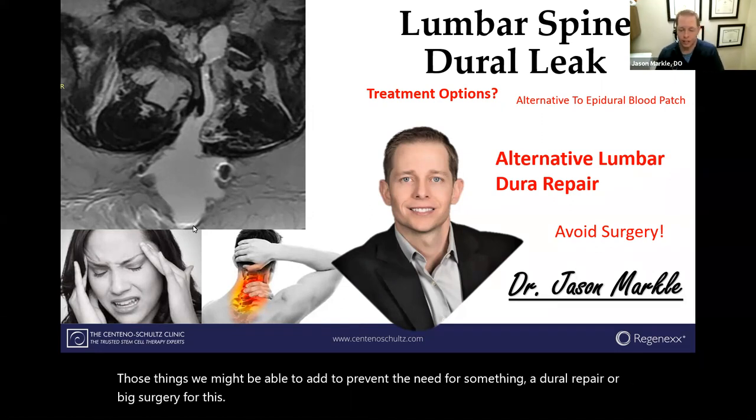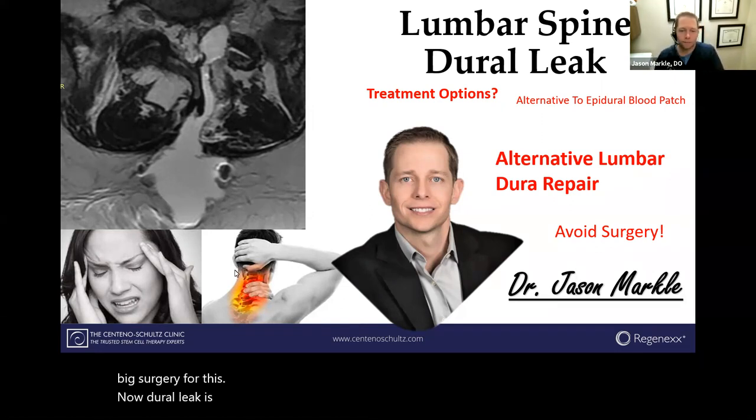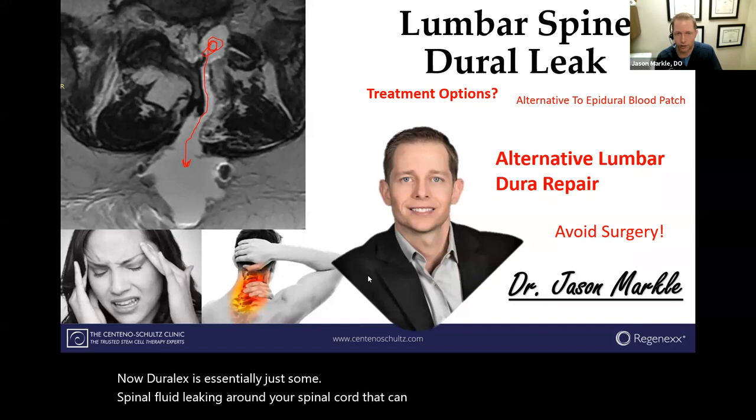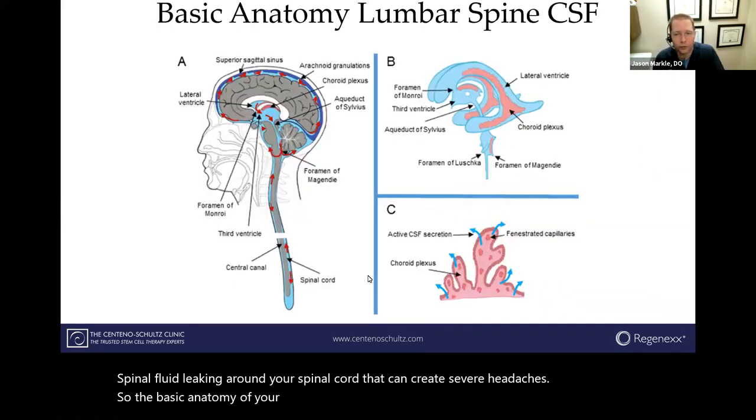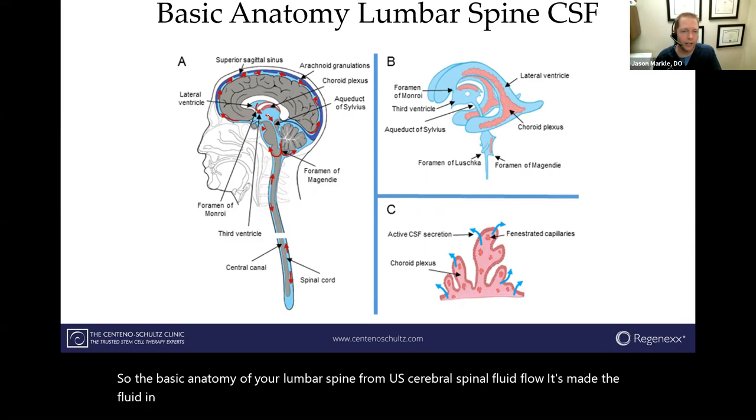Now, a dural leak is essentially just some spinal fluid leaking around your spinal cord that can create severe headaches. So the basic anatomy of your lumbar spine from a cerebral spinal fluid flow: the fluid around your spinal cord is actually made in your central brain, called the choroid plexus.